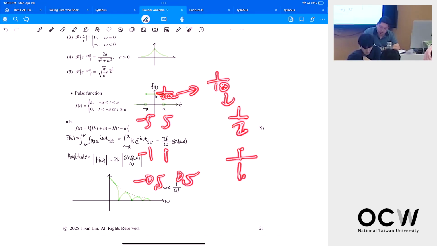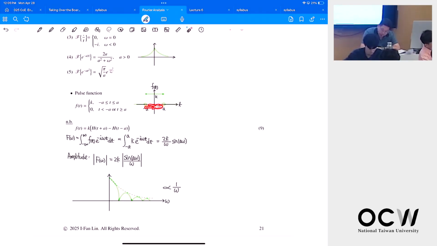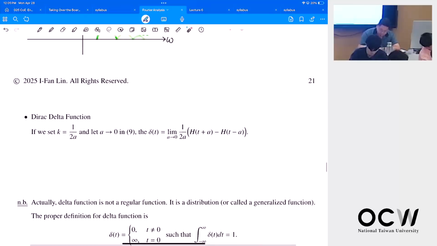So when a goes to 0, this value will also go up. When a is just 0, the value goes to infinity. So for the delta function, we let a go to infinity. Oh no, a goes to 0, for this function.